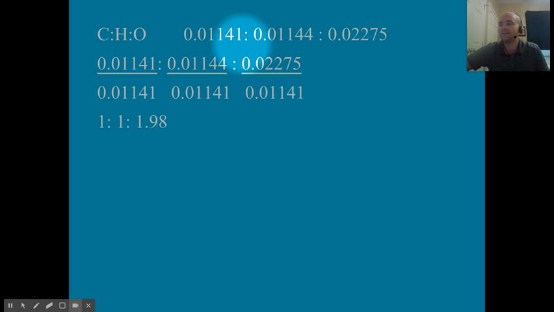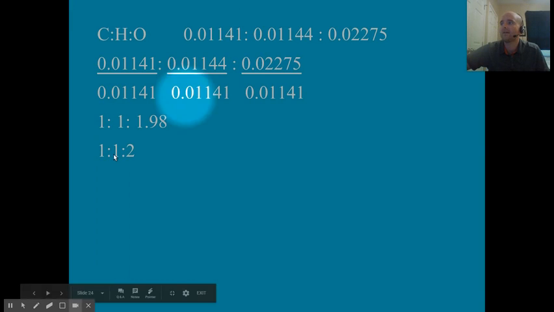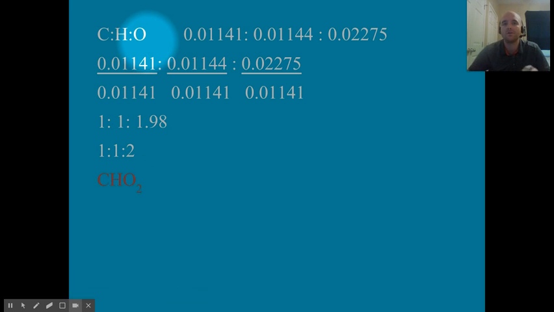Now we can see that we can approximate to a 1 to 1 to 2, and that means there is 1 carbon for 1 hydrogen and 2 oxygen, giving us our answer CHO2. This is the empirical formula.